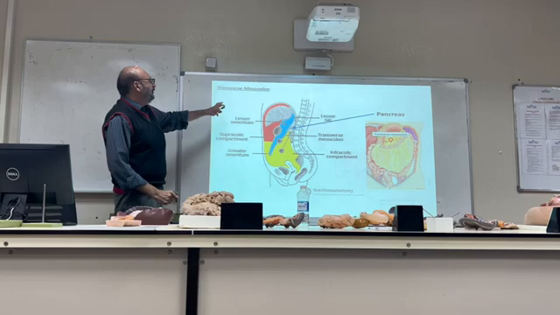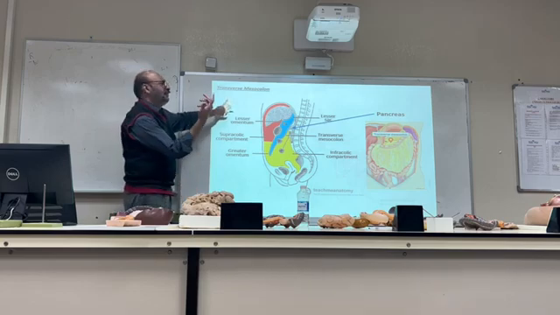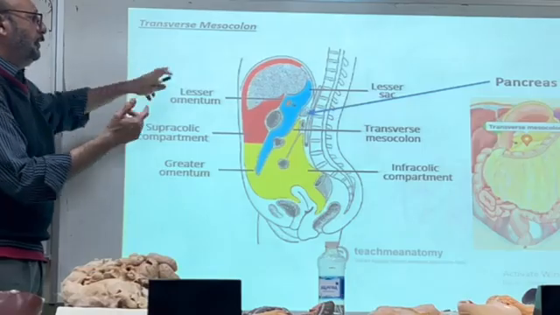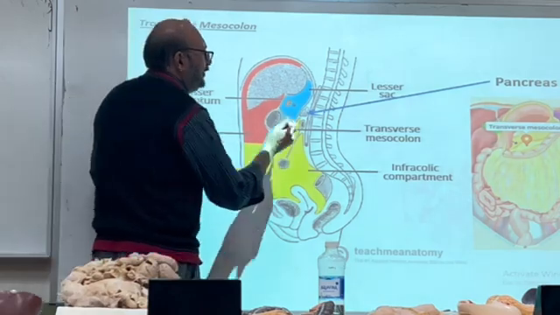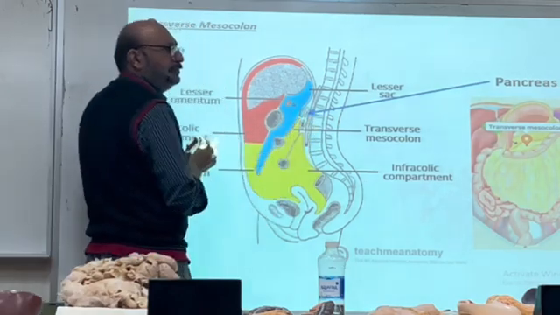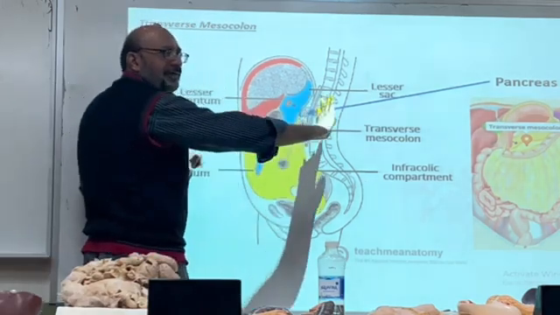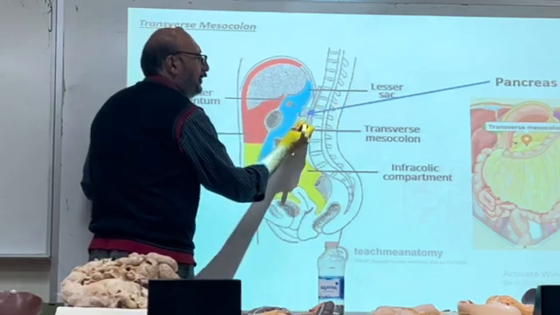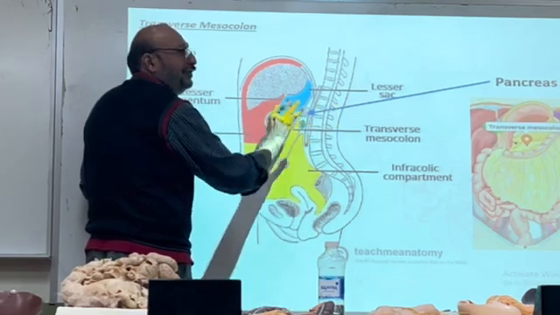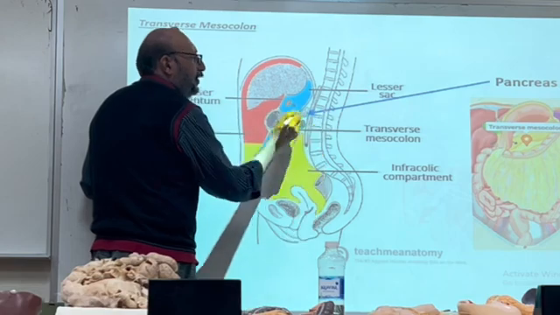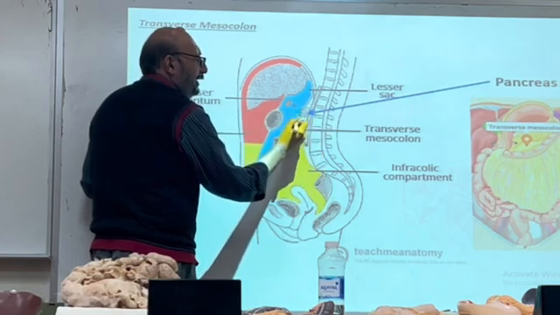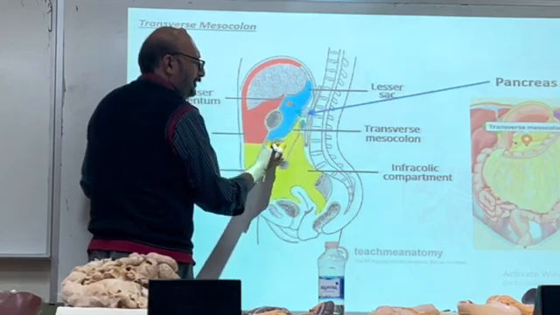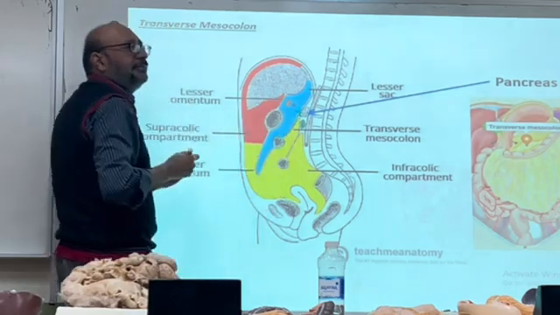Okay, here we have the transverse mesocolon. Where is the transverse mesocolon? Below the stomach. Here is the pancreas, a retroperitoneal structure, very fixed. Here is the duodenum, some part of the duodenum which is again retroperitoneal. From the pancreas it comes and covers the transverse colon and gives you two layers.